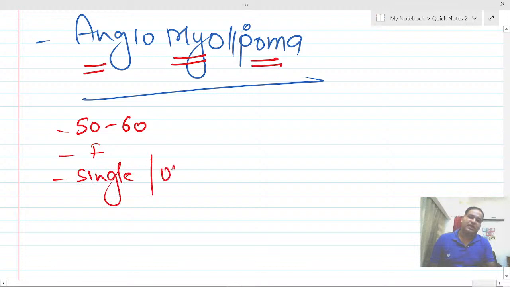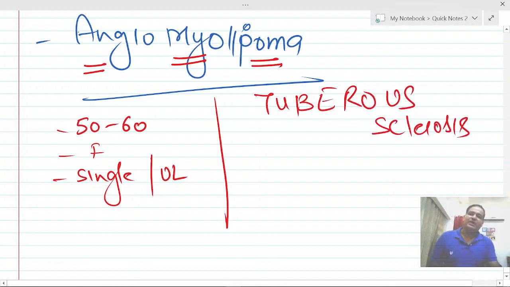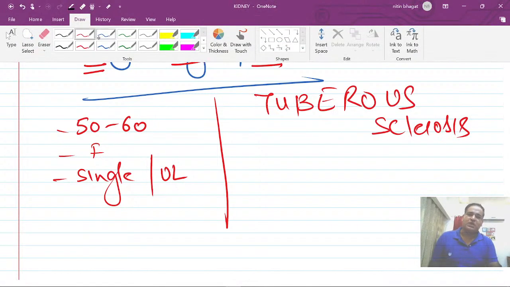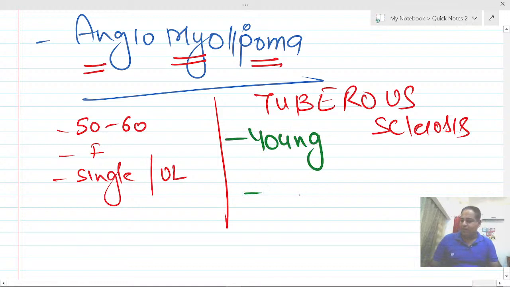Usually it is single and unilateral. Unfortunately, sometimes the tumor can be associated with tuberous sclerosis. Now the tumor will become very aggressive.